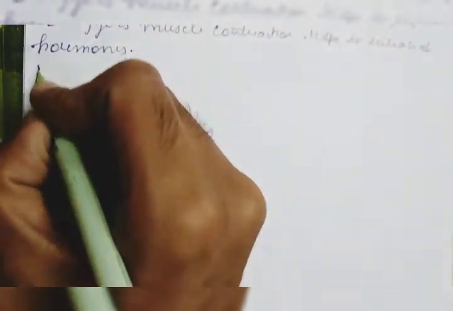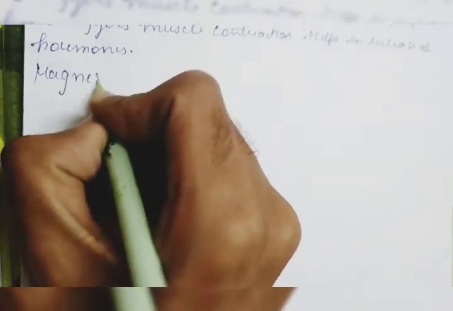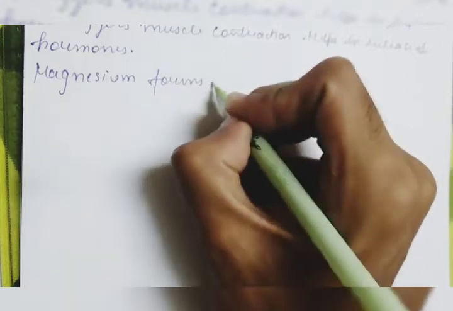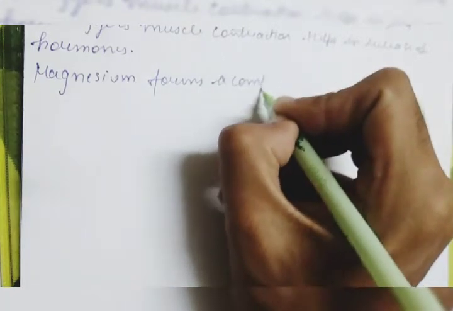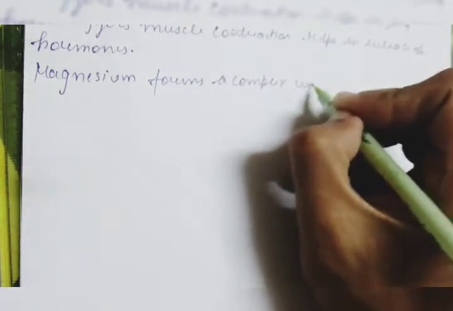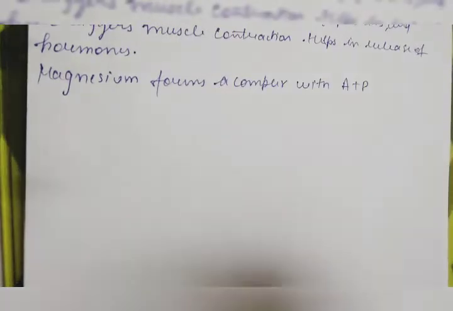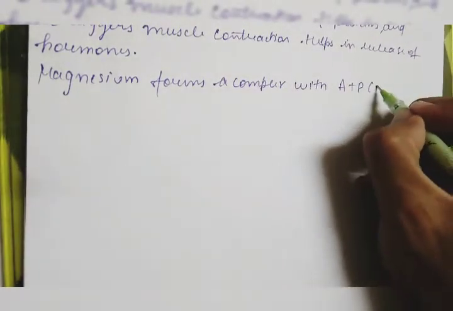Now magnesium forms a complex with ATP. What is ATP? ATP is adenosine triphosphate. These are energy packets.